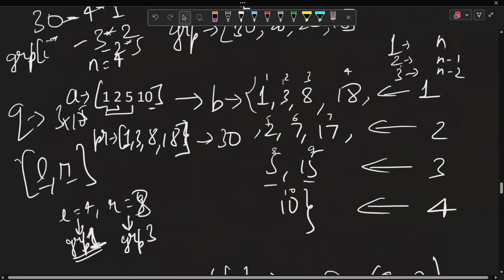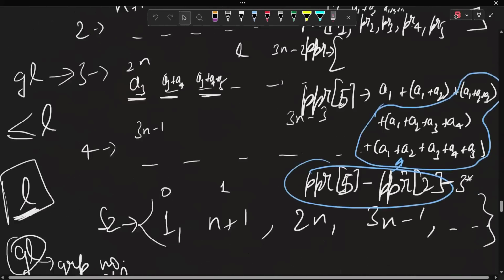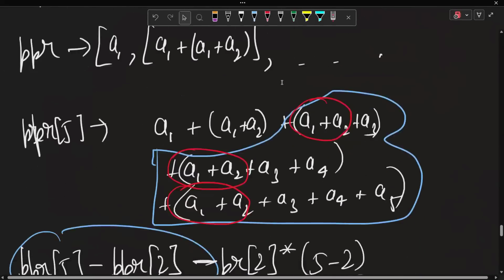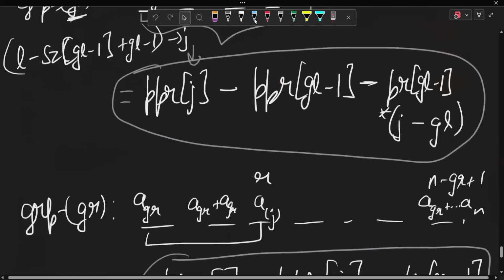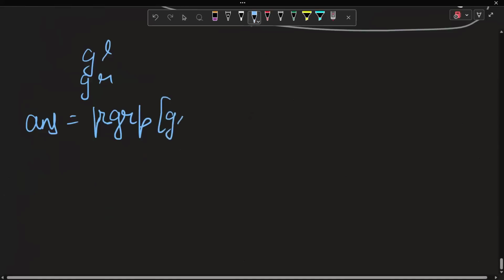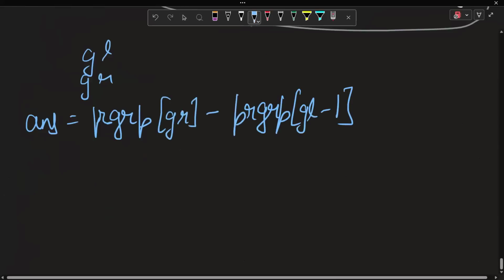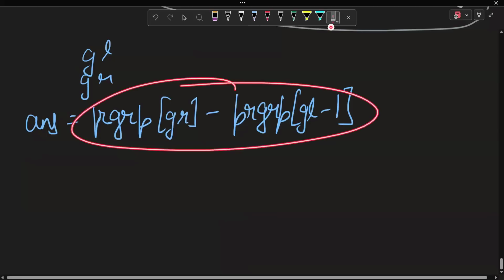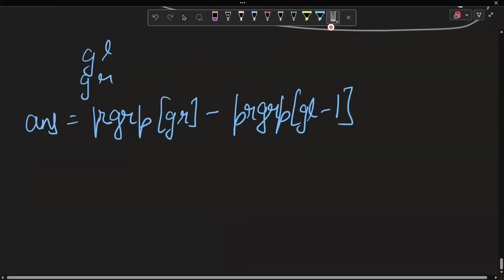So if you have the prefix sum of this group array, then I can write that my final answer is the prefix sum of this group array at GR minus the prefix sum of this group array at GL minus 1. That would be the sum of all the groups from GL to GR.